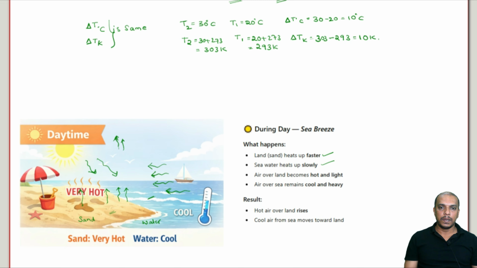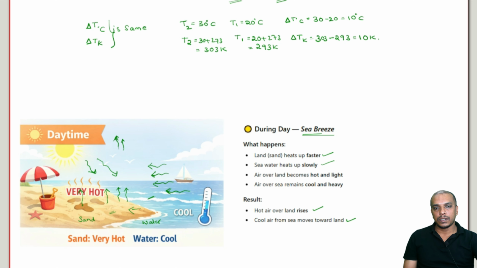So the breeze will be a sea breeze, that is, the direction of wind during the daytime will be from the sea towards the seashore. Hot air over land rises, so cool air from the sea moves towards land.